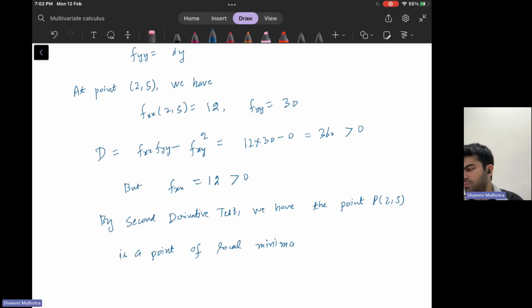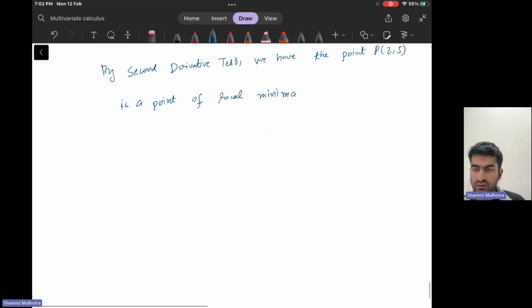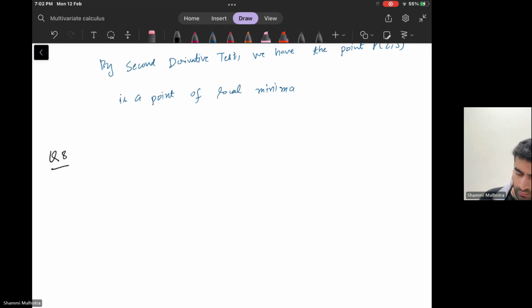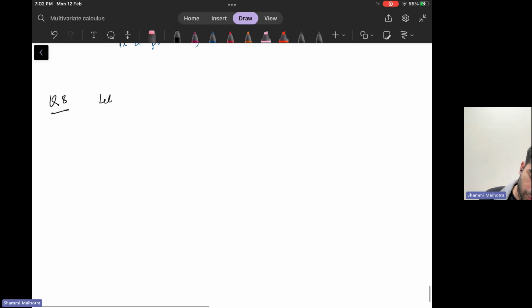So let us come to one more question on homogeneous functions, the Euler theorem which we did. So let us start with that question. Let u be given as log of (x cube plus y cube) divided by (x square plus y square).